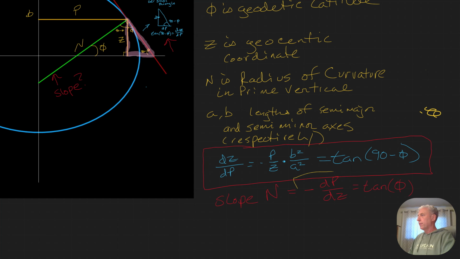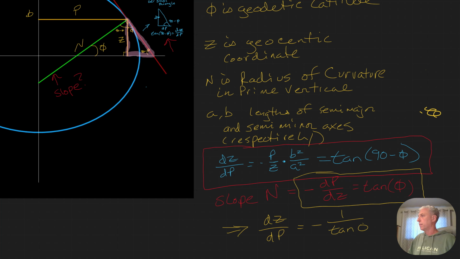So if we take this and we solve it in terms of dz/dp instead of dp/dz, we just invert and multiply by the opposite. We get dz/dp equals the opposite of 1 over tan phi.